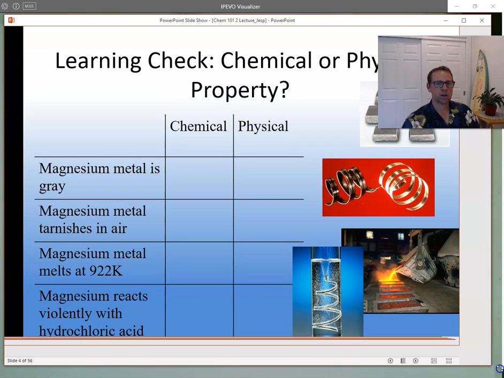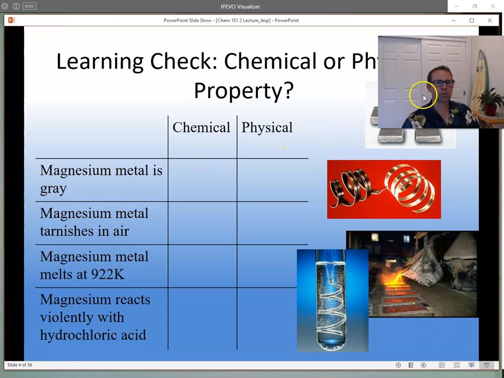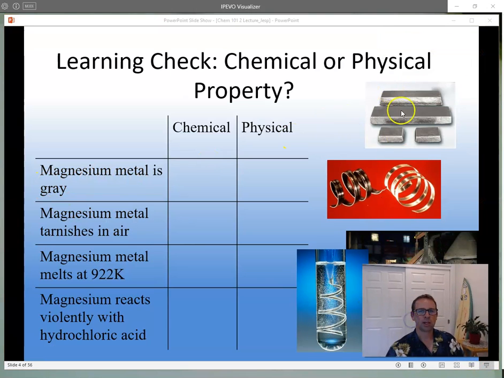The first one says magnesium metal is gray. Physical? Yes, that's a physical property. Very good. How about magnesium metal tarnishes in the air? Chemical? That's chemical, right. Tarnishing is another fancy way of talking about rust: magnesium and oxygen reacting to form magnesium oxide. Okay, magnesium metal melts at 922 Kelvin.